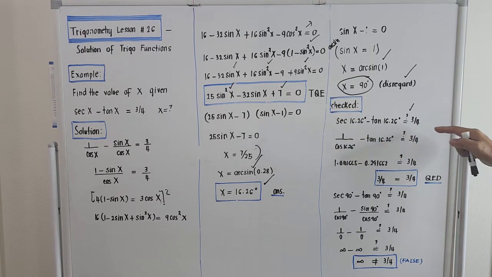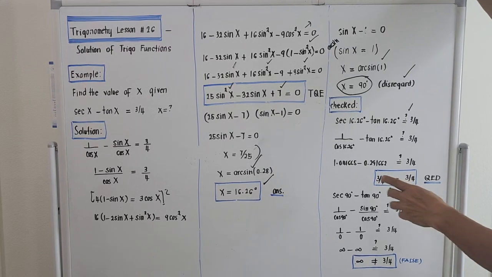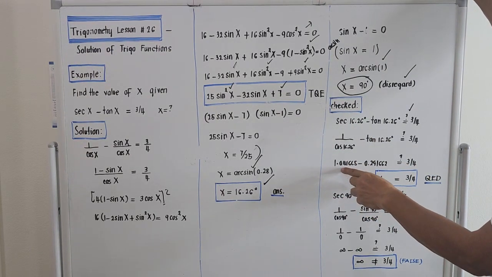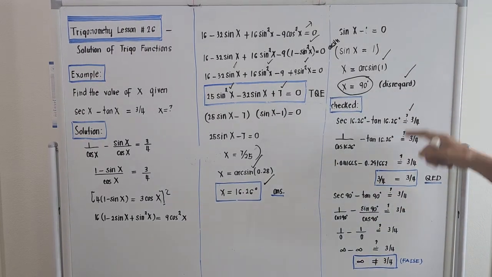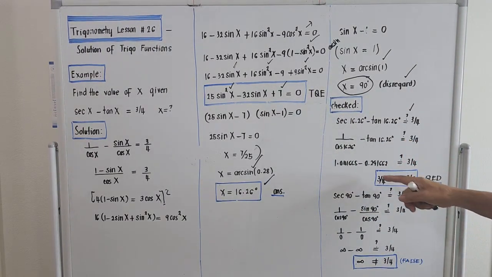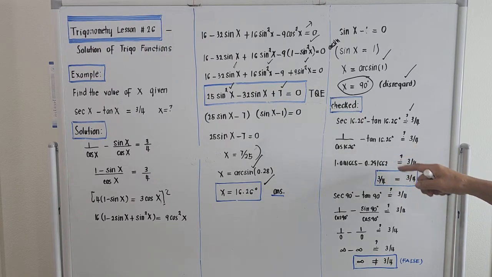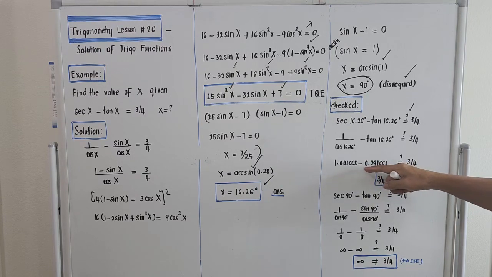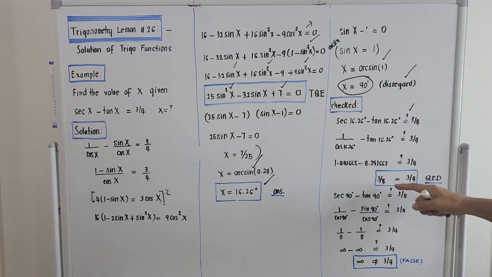Is it equal to 3/4? 1 over cosine of 16.26 degrees is 1.041665. And the tangent of 16.26 degrees, it's less than 1, minus 0.291662. Is it equal to 3/4? If you take the difference, what will come out is 3/4 equal to 3/4.